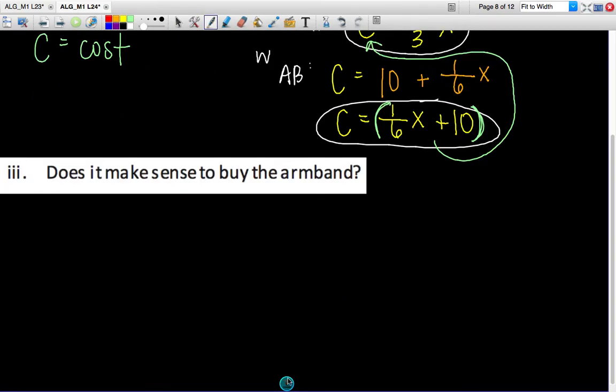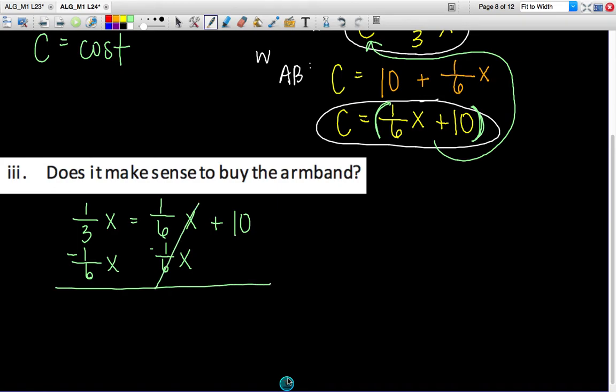So we would have 1/3 x equals 1/6 x plus 10. Let's subtract 1/6 on both sides to get our x's together. So we are left with 1/6 x equals 10.